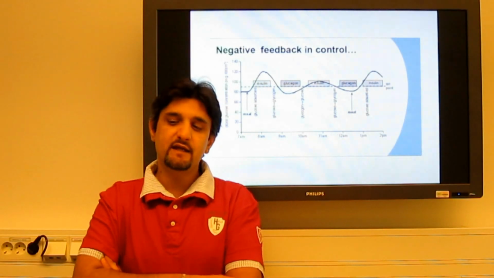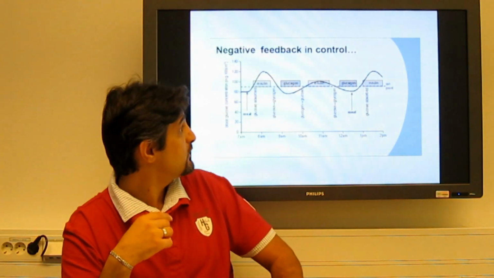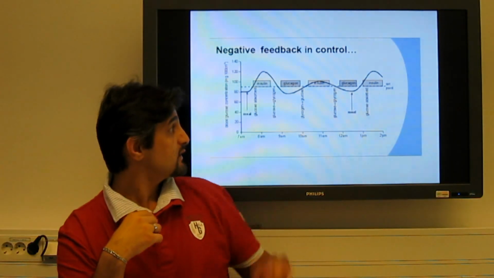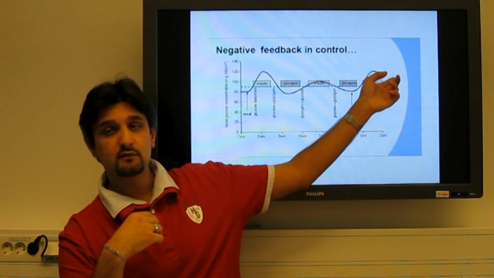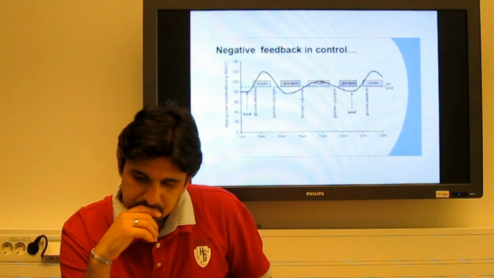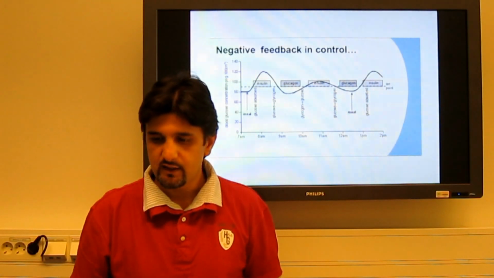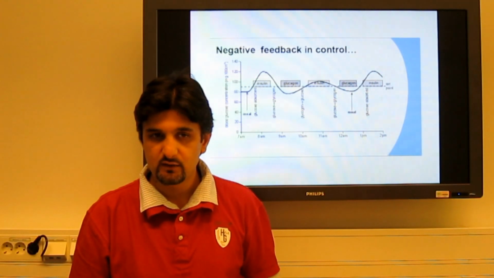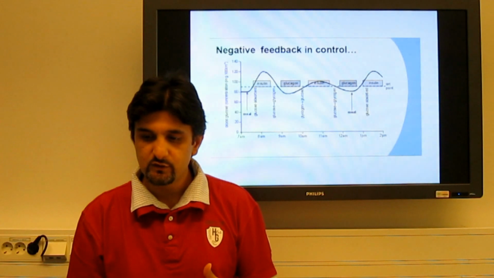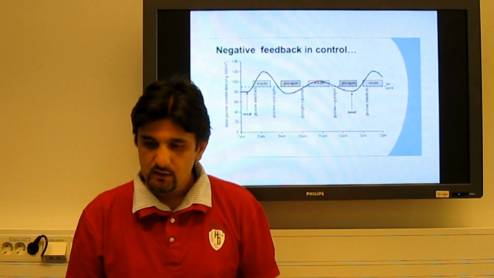Such as, for negative feedback, I've got a sample here. So, this is the blood glucose that you're going to have. Imagine that you've got a problem and you're using insulin, some drugs.